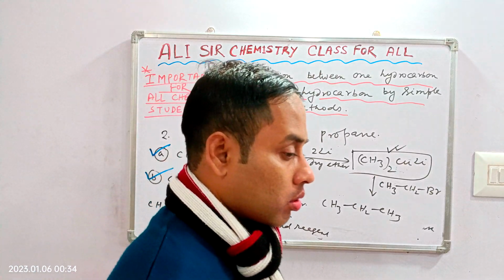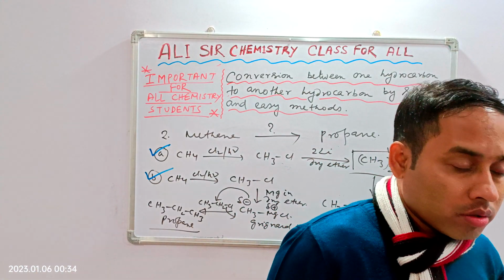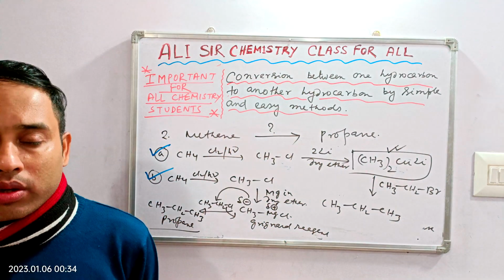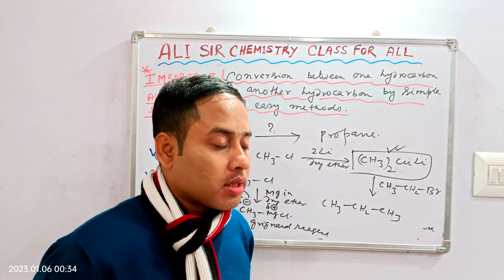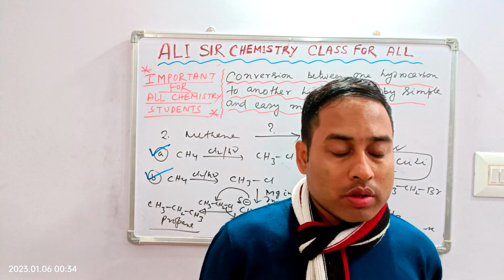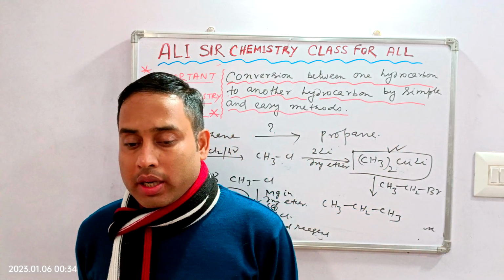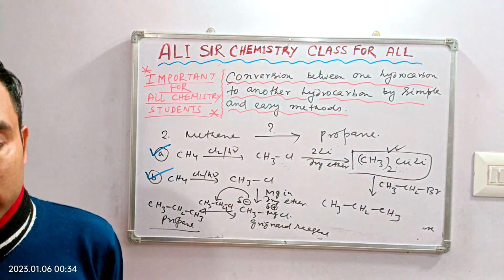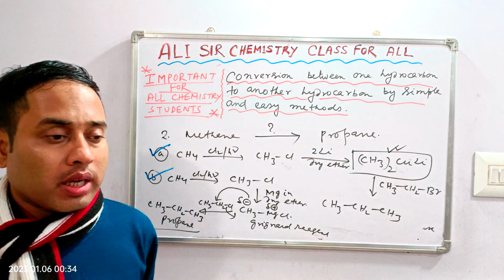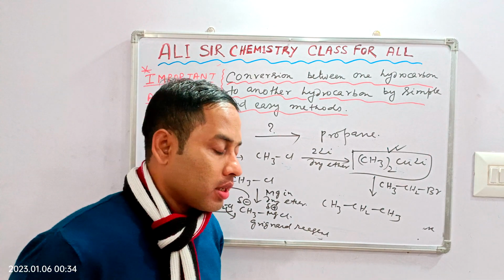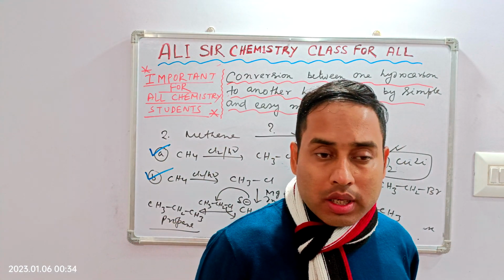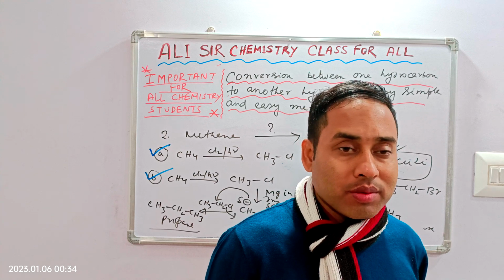So we have used simple reactions, basically two or three simple reactions. One is halogenation of alkanes, another is Wurtz reaction, which is used for the preparation of symmetrical alkane, and another reaction is Corey-House synthesis, which is used for the preparation of unsymmetrical alkane, and another is Grignard reagent, which is used for the preparation of symmetrical as well as unsymmetrical alkane.